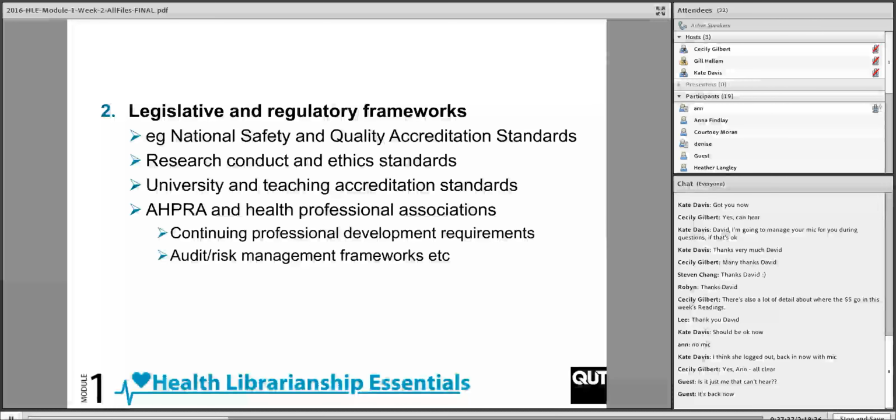It's the same in the accreditation of universities or educational institutions, although I'm not so familiar with that area. But research and ethics are all governed by standards that organisations and researchers have to comply with.